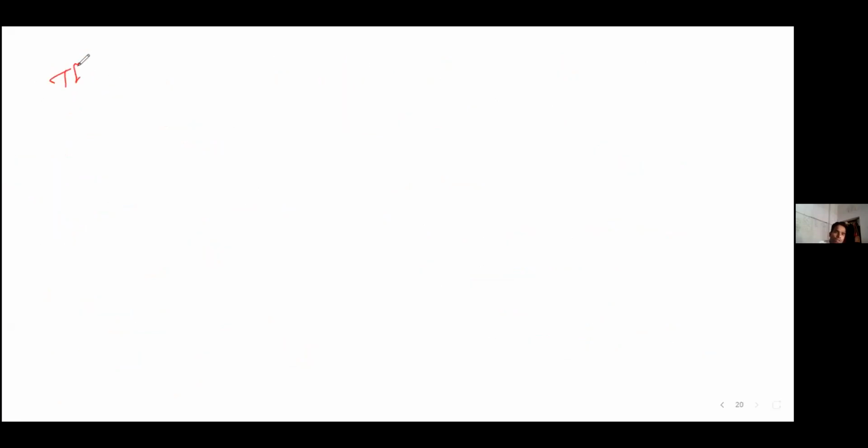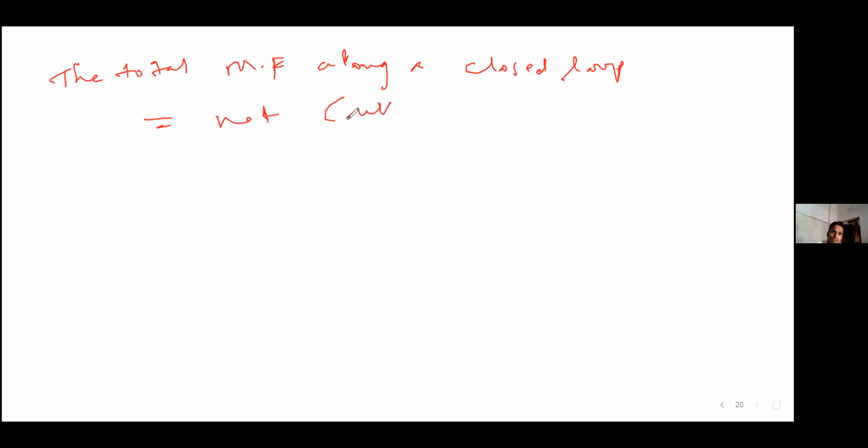So the total magnetomotive force along a closed loop is equal to the net current enclosed by the loop.